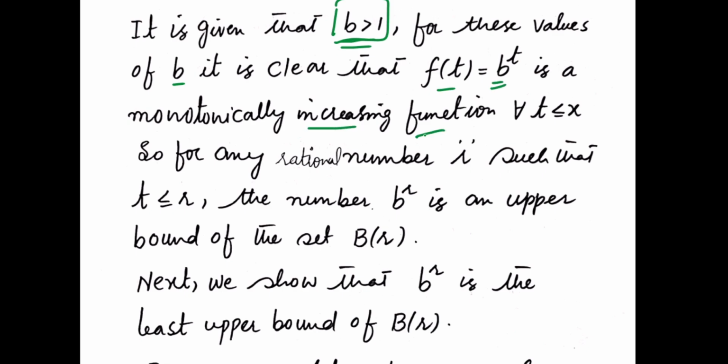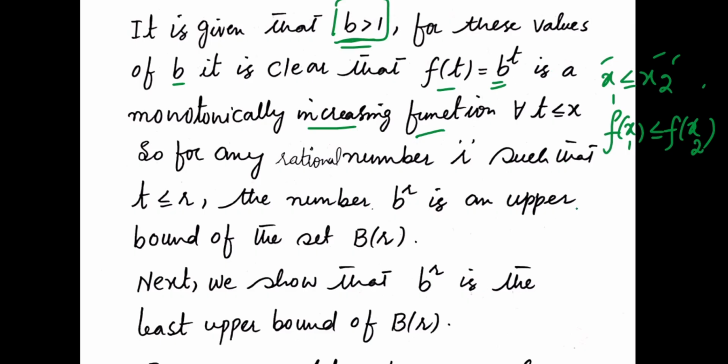How can we define an increasing function? A function f is called an increasing function if x1 and x2 are two elements of the domain, and x1 is smaller than x2, then the value of f at x1 is always less than or equal to the value of f at x2. Then in this case f is called a monotonically increasing function. In other words, the output at a larger pre-image should always be greater than the output at the smaller one.